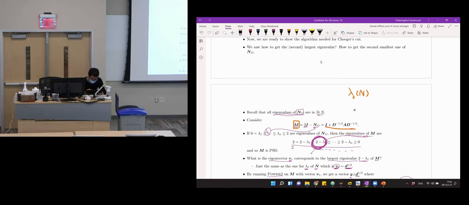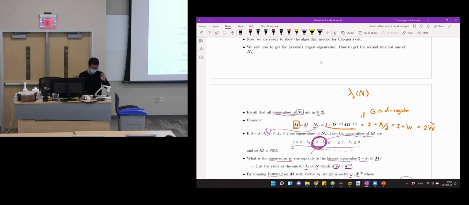That is, if G is D-regular, then you can see that this is just A over D, and A over D here is also a walk matrix if the graph is D-regular. So this is nothing but 2 W tilde.